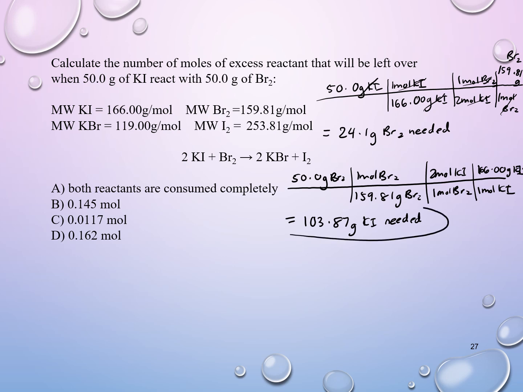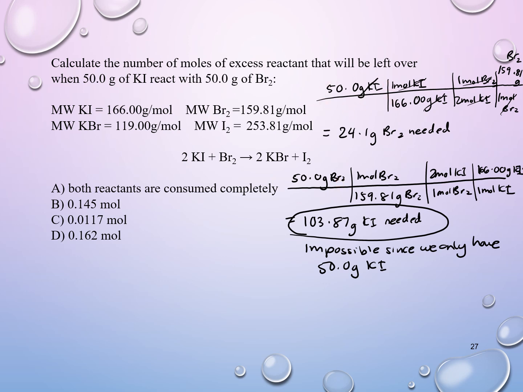So this one here is impossible, since we only have 50 grams of KI. Okay, so that tells me Br2 is excess, KI is my limiting.